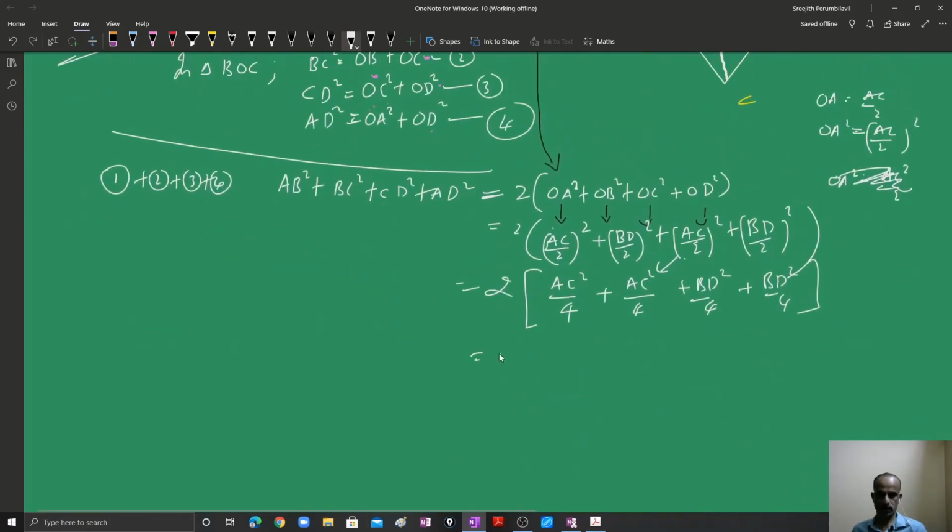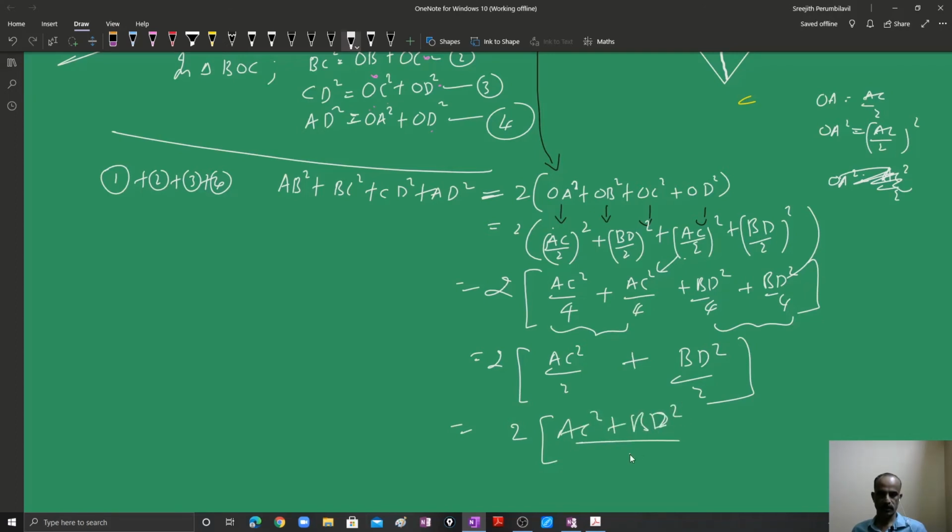This is equal to 2 times quarter, 2 times half. So this AC square by 2, these 2 plus these 2 BD square by 2, that is equal to 2 times AC square plus BD square by 2. The 2 cancels, that is equal to AC square plus BD square, and that is what is asked.